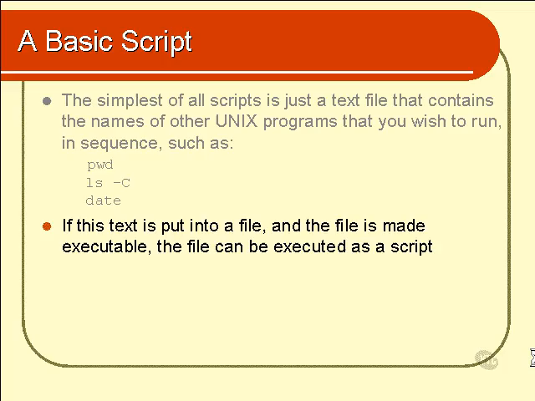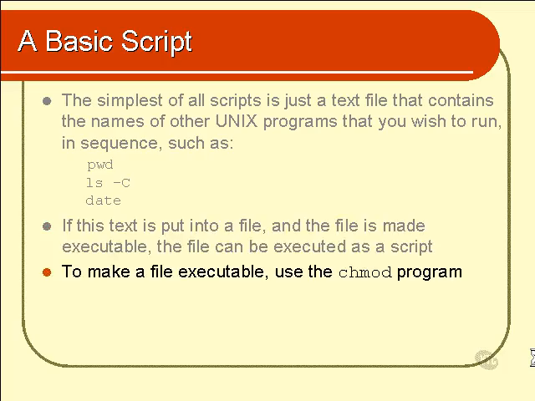In order for these three commands to be executed as a script, those three commands need to be put into a file, and that file needs to be made executable. Now, if you can't remember how to make a file executable, you do that using the chmod program. Chmod is short for change mode. It's a Unix security program. I'm not going to go into the details of chmod just here, but I will show you how to make any program executable.